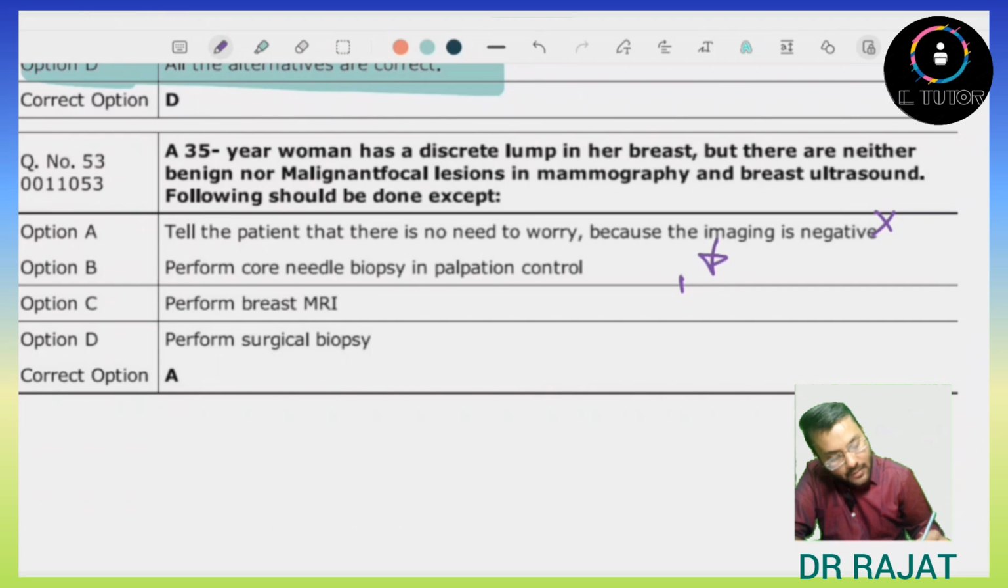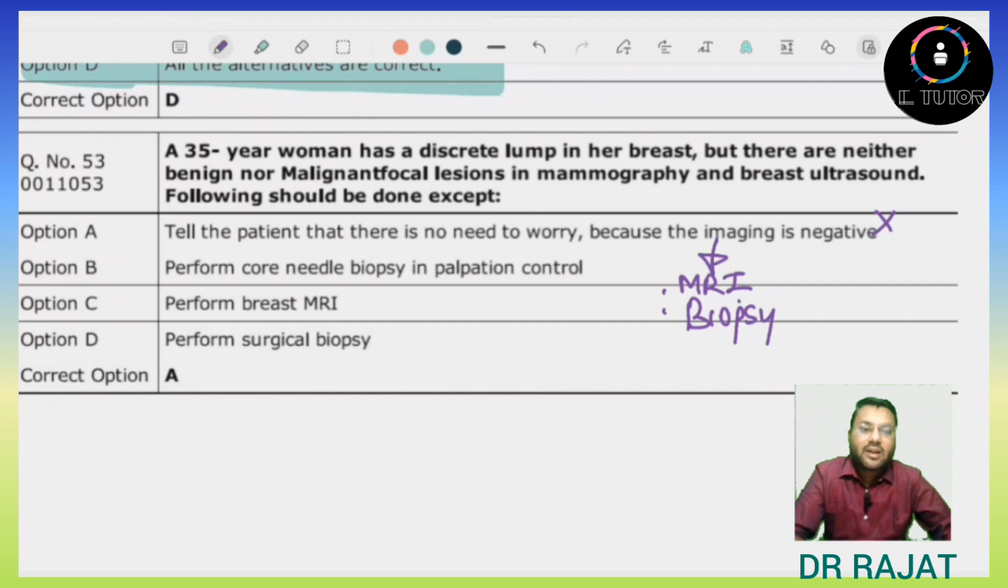We should go for MRI and biopsy. If MRI and biopsy are negative, then we can say that there is no breast cancer, or that we have not found any positive finding. But before doing MRI and biopsy, we cannot say that the imaging is negative. Perform core needle biopsy under palpation control. This is true.